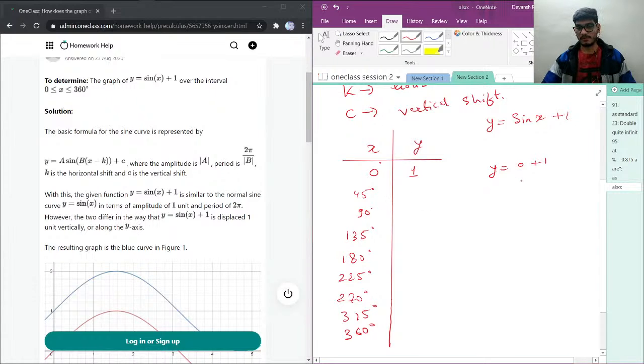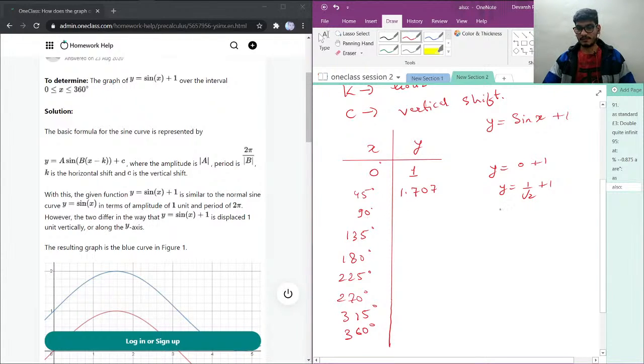Sine of 45 is 1 over root 2, plus 1, which is 1.707.